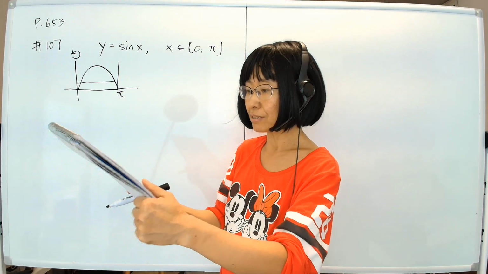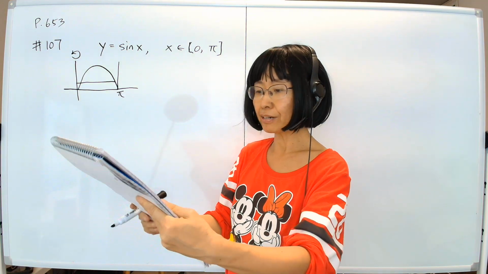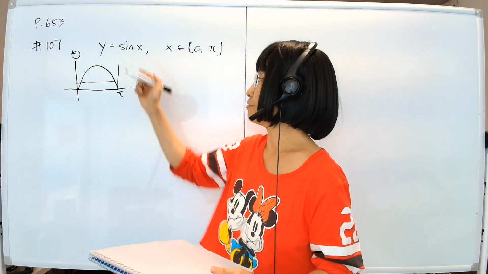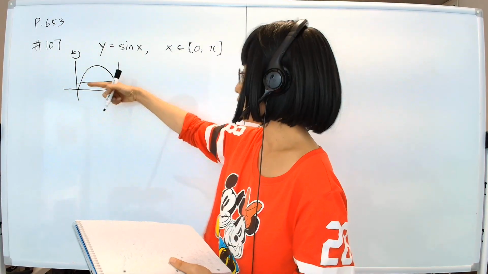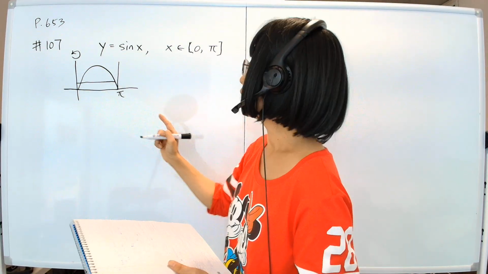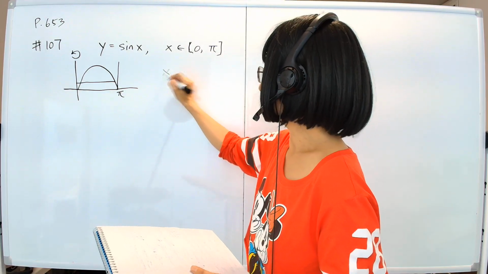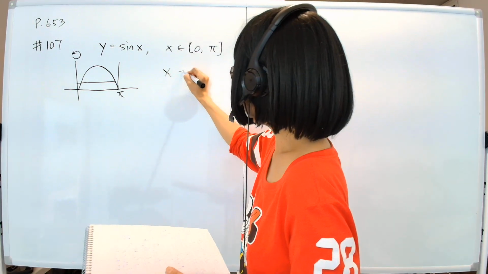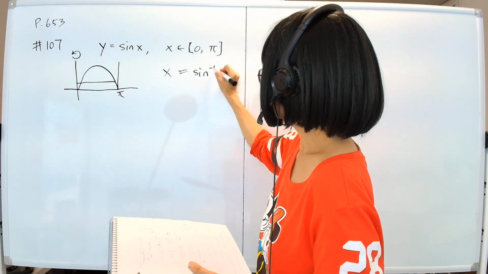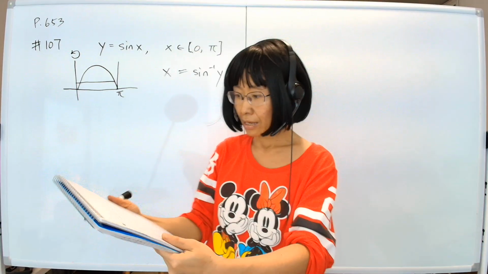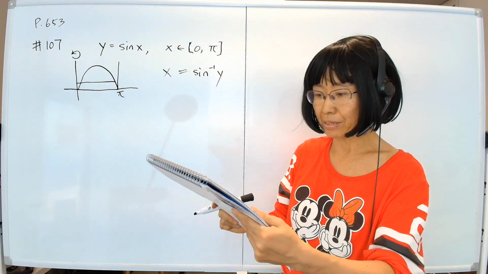How are we going to do that? By paying careful attention to the inverse of sine. Being that we're spinning around the y-axis, we have to do dy, and therefore we will extract x. So x equals sine inverse of y. At that point we have to be very careful about the definition of what that means.